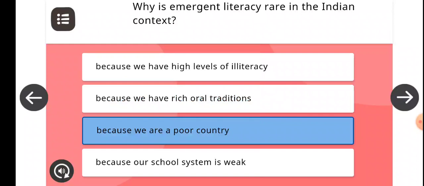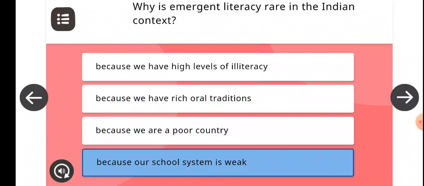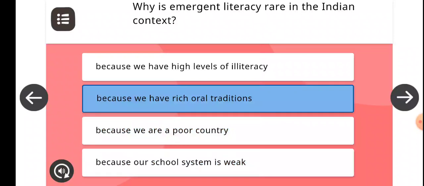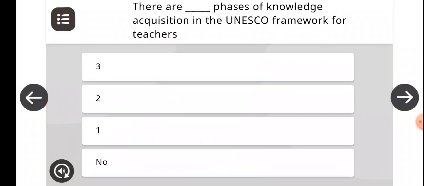No, we are a developing country, not a poor country. Next, because our school system is weak? No, our school system is much better than those of so many countries. It is not a weak system. So, since we have rich oral traditions, emergent literacy is rare in the Indian context. So option B is the right answer.